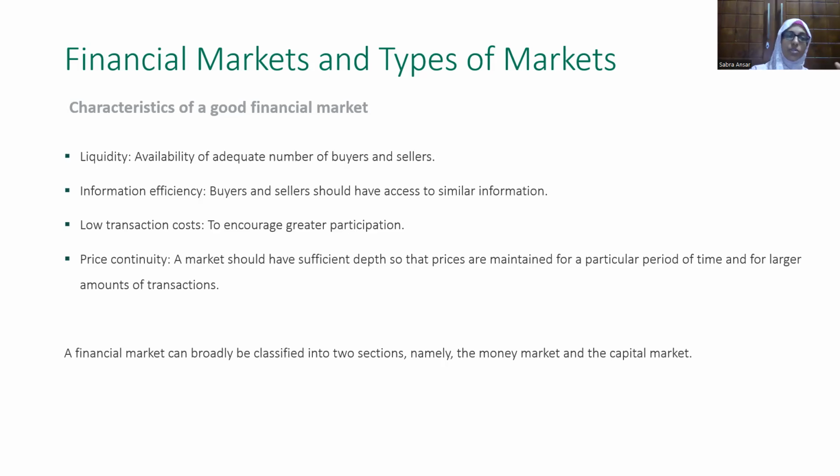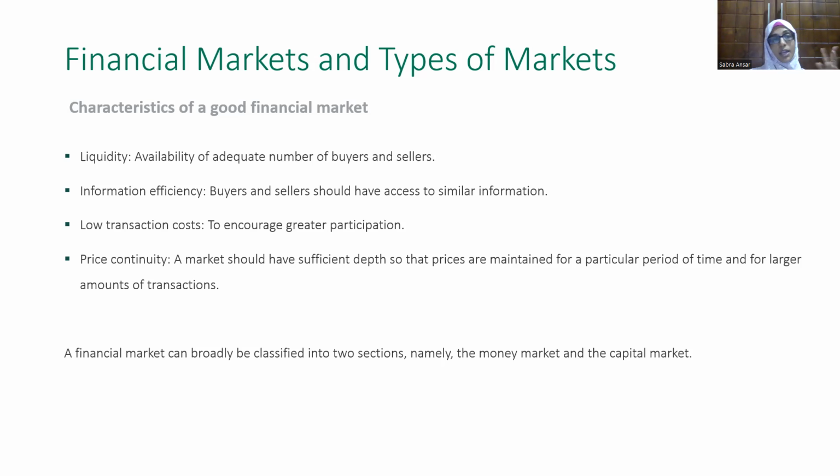Why do we need low transaction cost? This is to ensure greater participation of buyers and sellers, because as you can see, one of the main characteristics of a good financial market is to have a lot of buyers and sellers. In order to do that, we also try to have a low transaction cost.